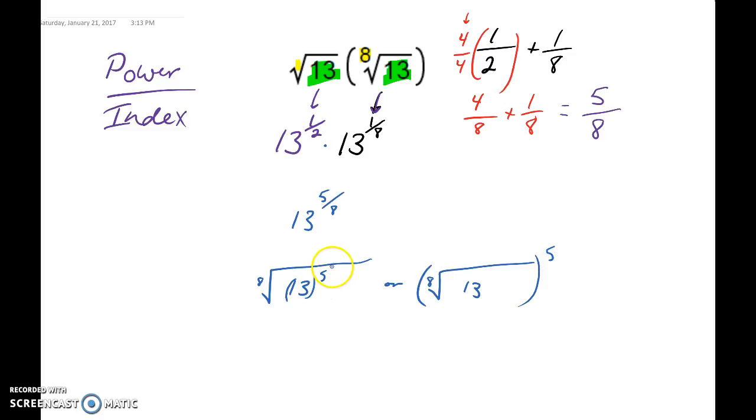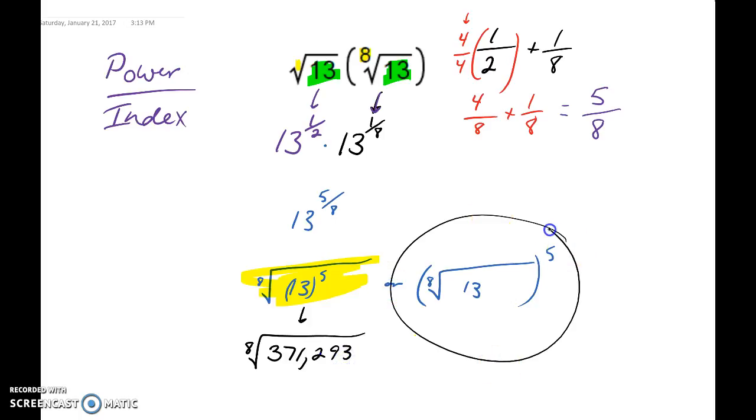Now, if you were to rewrite it in this way, you should really keep going, and since we can raise 13 to the 5th power, we could rewrite it as the 8th root of 371,293. All right, and if you write it this way, then you can leave it like that as your answer, since you're saying the 8th root of 13, you'll raise it to the 5th power.